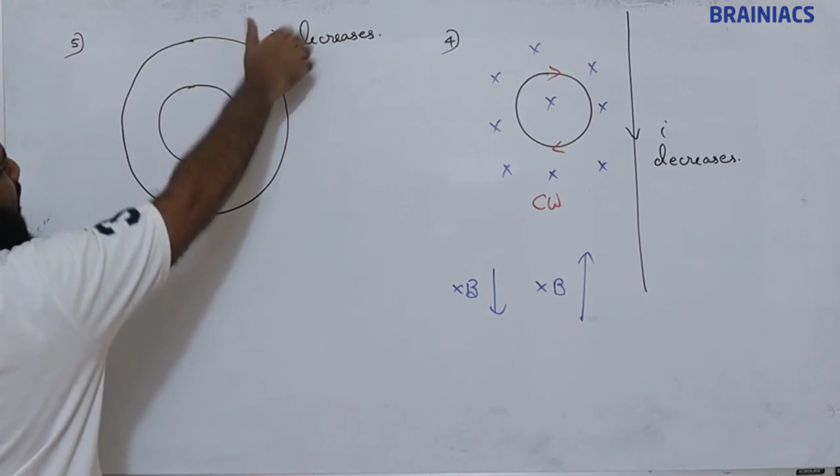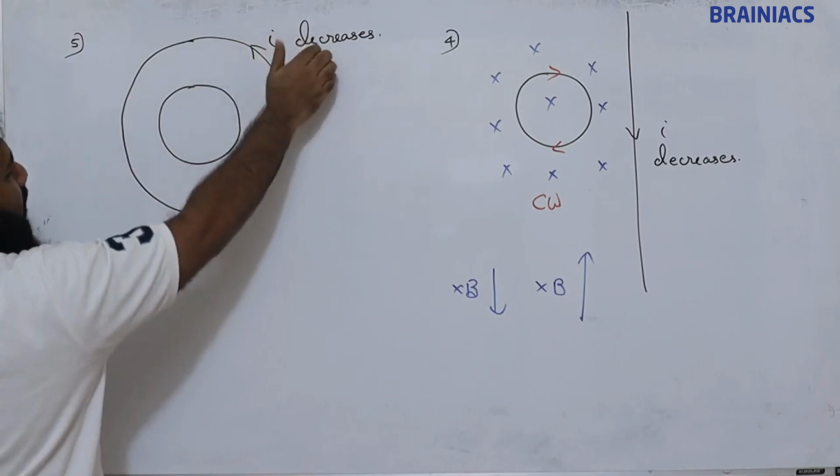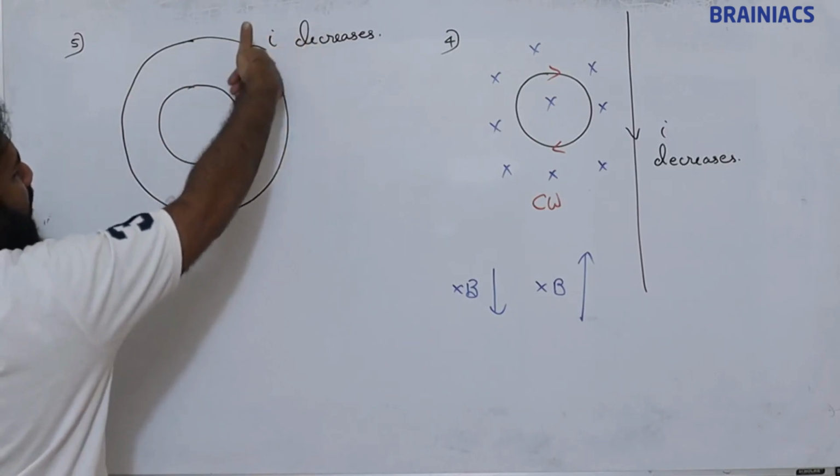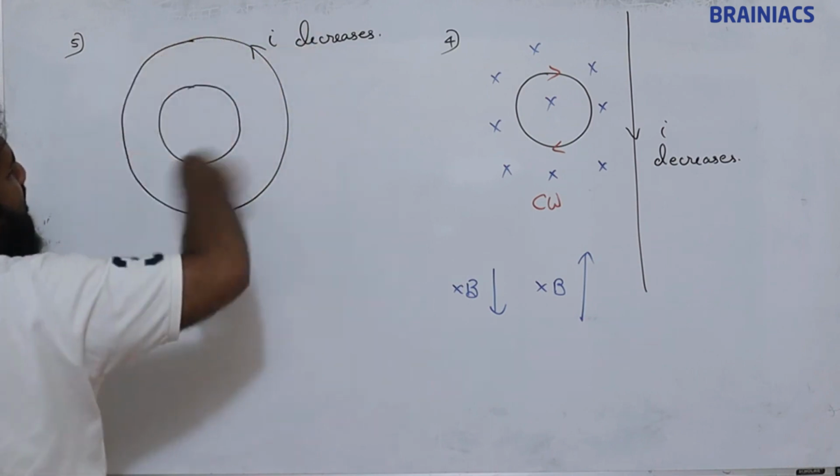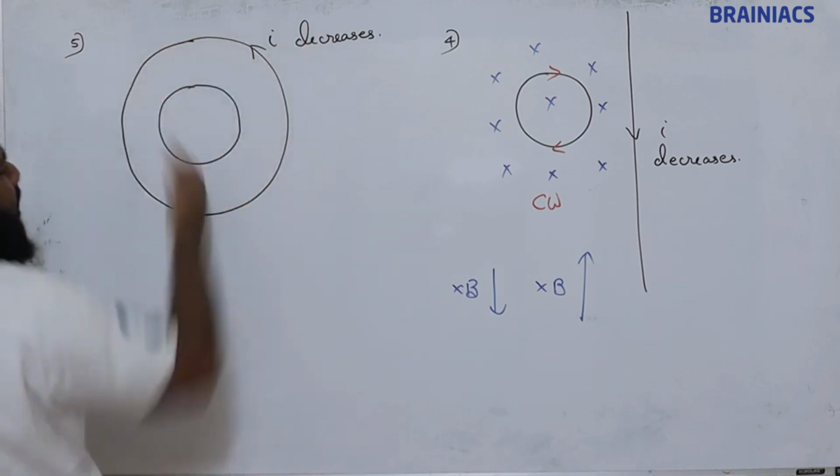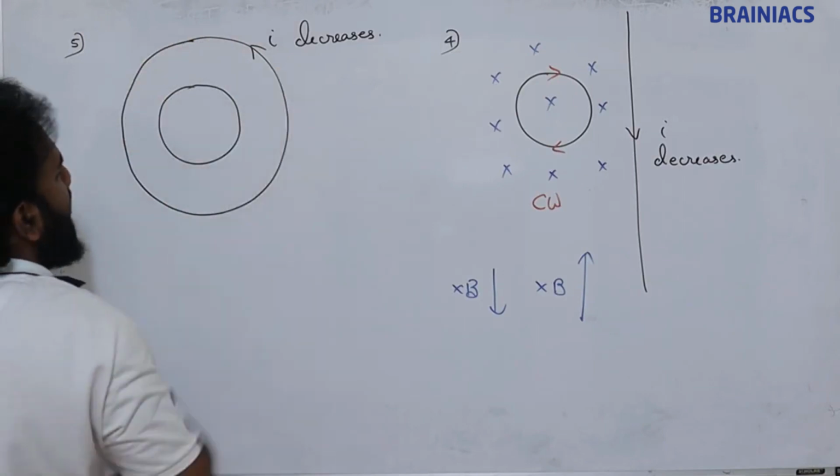The current will be moving like this, so outside the magnetic field will be inside, but inside this circular coil the magnetic field will be coming out. Correct?